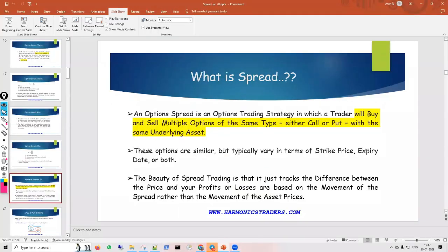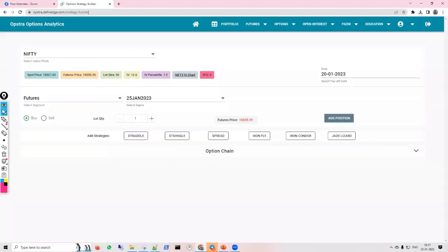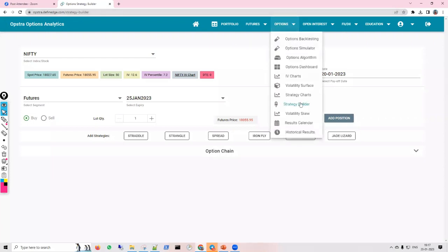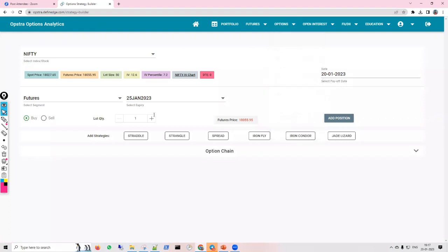Now with this idea, you can go to this particular website, Definedge. Yes, it is free, and you have multiple options. Just go to this option and select strategy builder. Now let us go with this particular idea. So our assumption right now is that the market is bearish. I just want to give one practical example. So now we are going to initiate a spread.